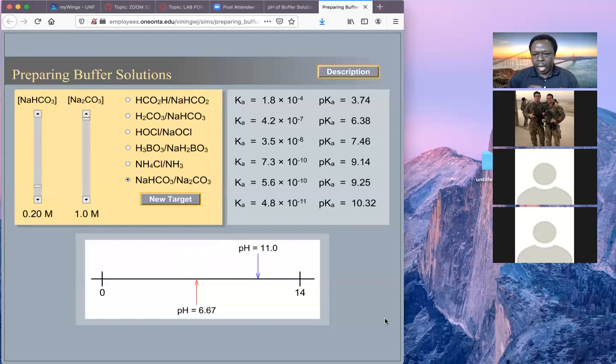Yes, to answer your question, Cynthia, you are asking which acid are we going to use? Remember what I said earlier on, that if you are asked to prepare a powder solution, you will choose an acid whose pKa value is closer to the desired pH.